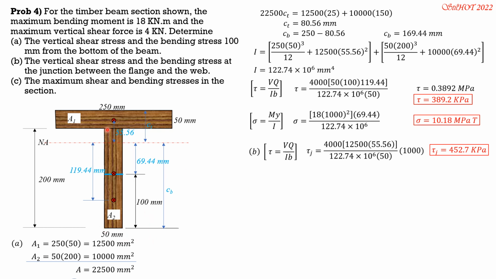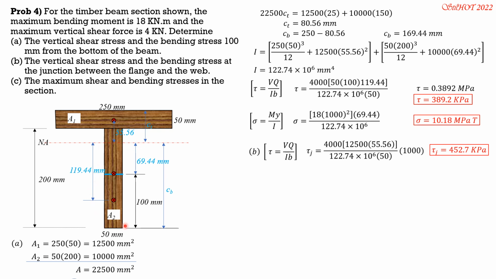So the alternate solution, what if you consider the area below? If you consider the area below, take note that there is area below the neutral axis and there is also area above the neutral axis. So you treat the area below the neutral axis as positive. So the alternate value of Q is 50 by 169.44, this area here.